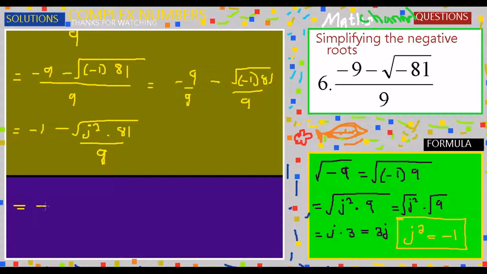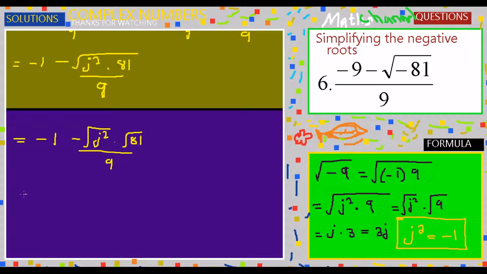Separating this one, you have j square multiplied by the square root of 81, divided by 9. You'll have j, and the square root of 81 is 9.